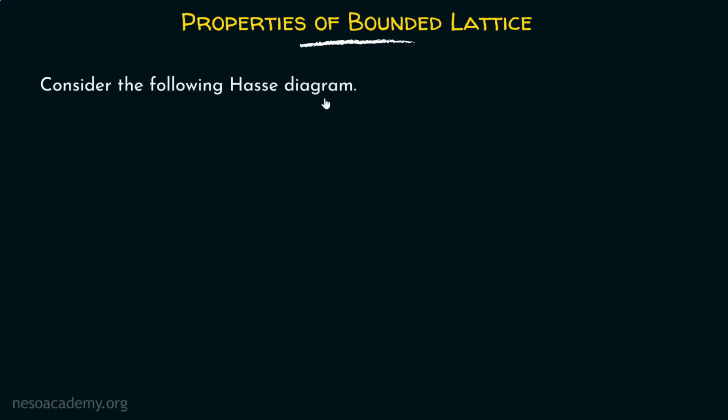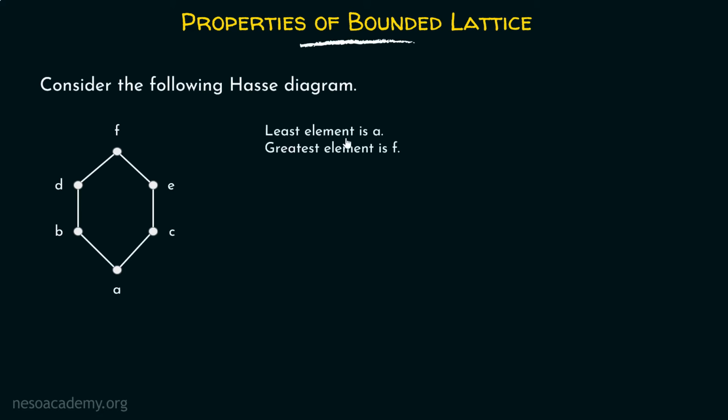Consider the following Hasse diagram. Least element of this particular Hasse diagram is A. You can see that this is the least element because A is related to B, A is related to C, A is related to D, A is related to E and A is also related to F. And greatest element of this Hasse diagram is F because A is related to F, B is related to F, C is related to F, D is related to F and E is also related to F. Therefore, the given lattice is a bounded lattice.